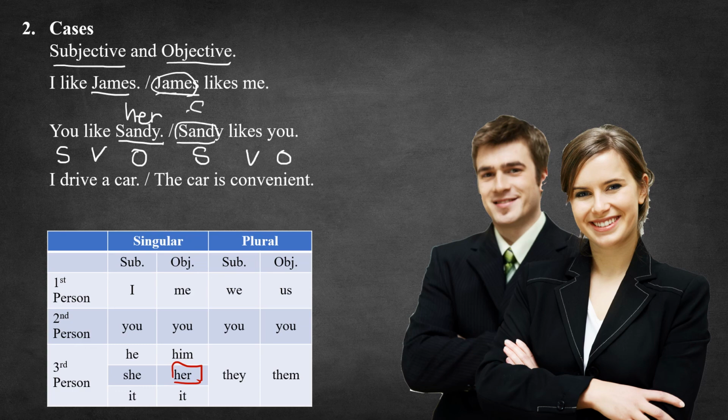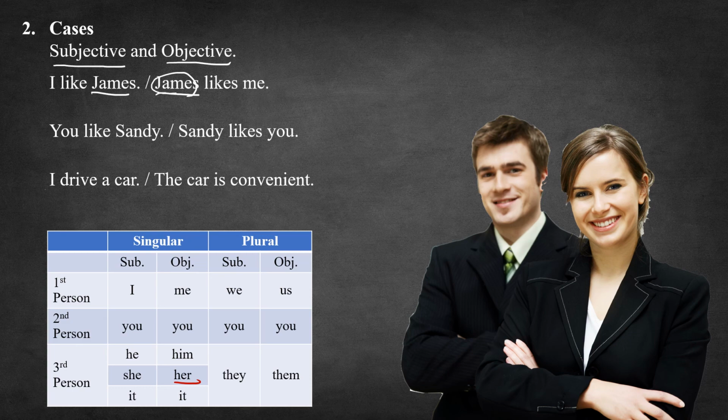So we have to use she. We cannot use her here because this is subjective position. Again, this is objective position, so you have to use her. And this is subjective position, you have to use she.